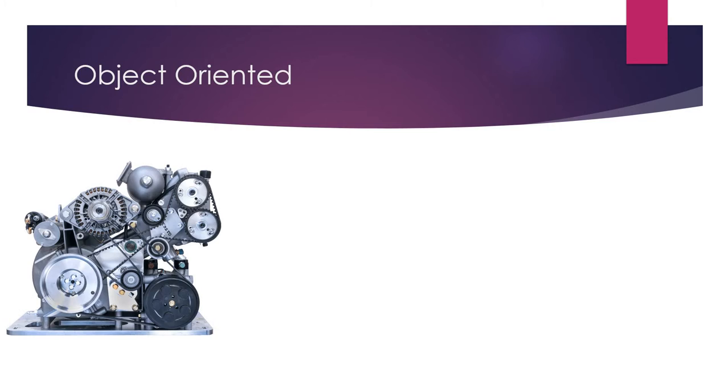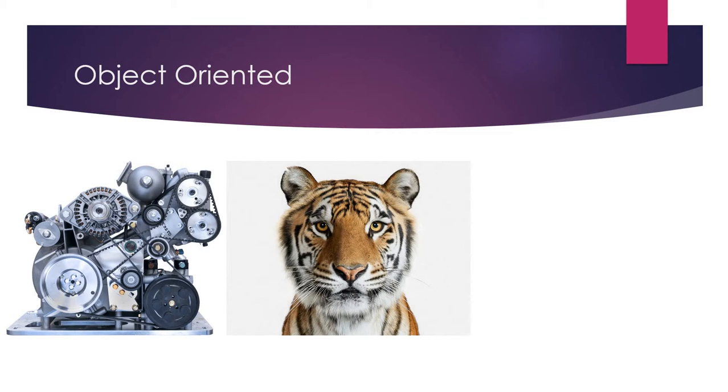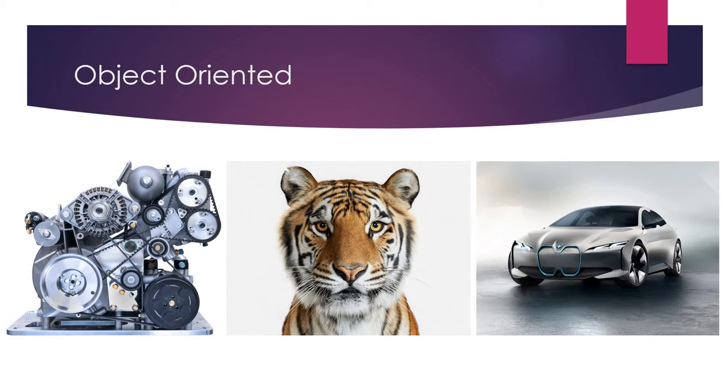They can be anything from a machine, an animal or your favorite pet, or a car, or anything that you see around yourself. So this programming paradigm tries to model the real world objects around you in the form of programming itself.